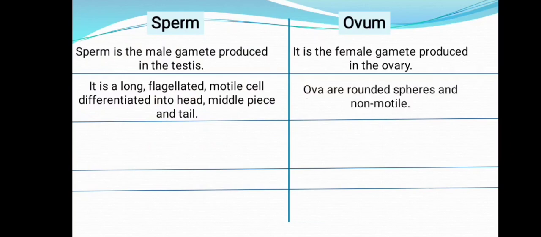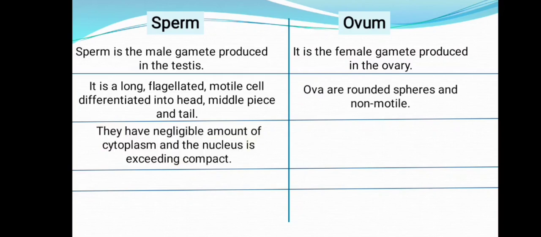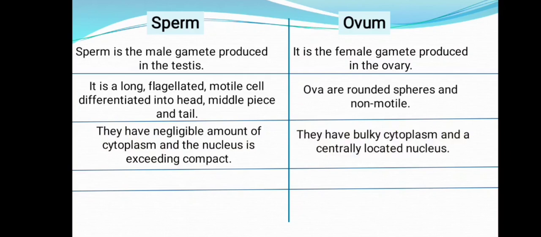Ova are rounded spheres and non-motile. Sperms have negligible cytoplasm and the nucleus is exceedingly compact. The egg has bulky cytoplasm and a centrally located nucleus.